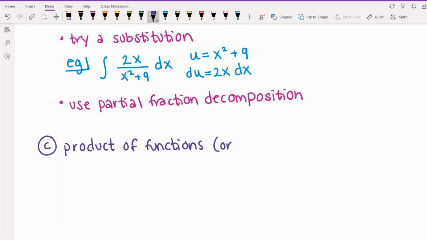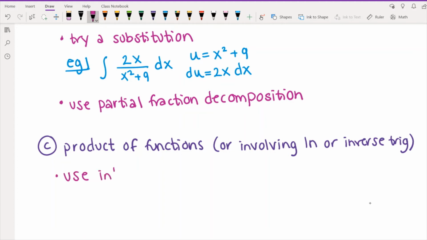And then another situation where you're going to use this method would be an integrand involving ln or inverse trig. So what would you do in that case? You would use integration by parts.